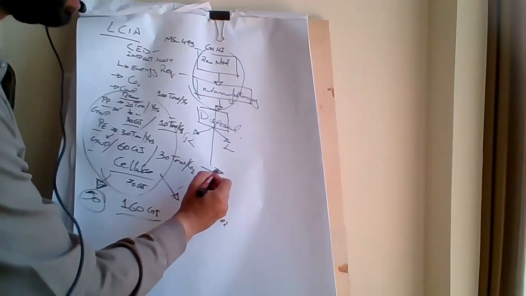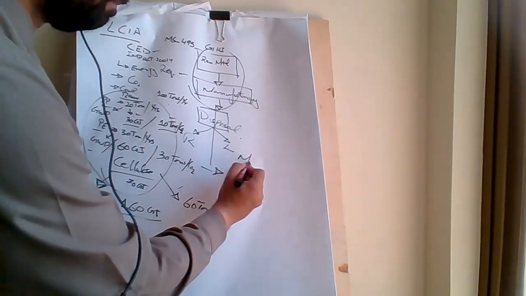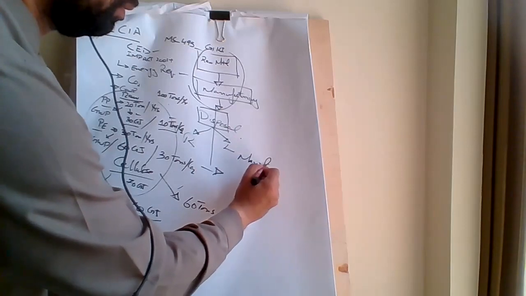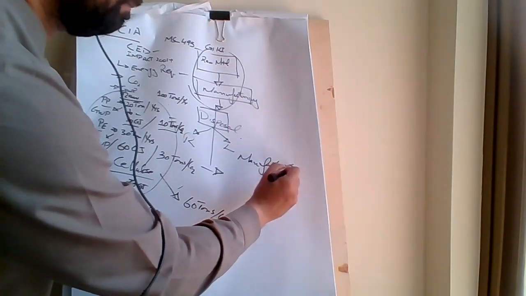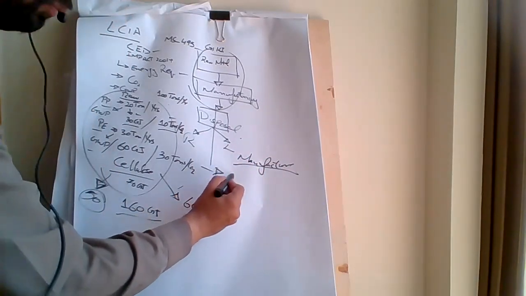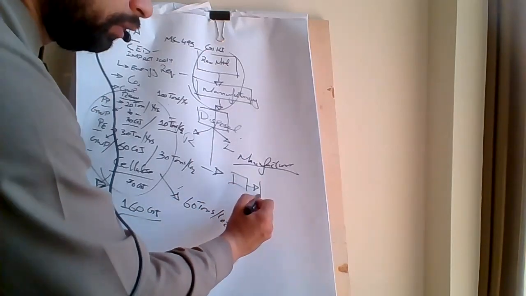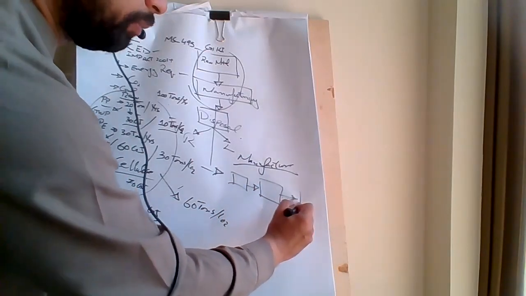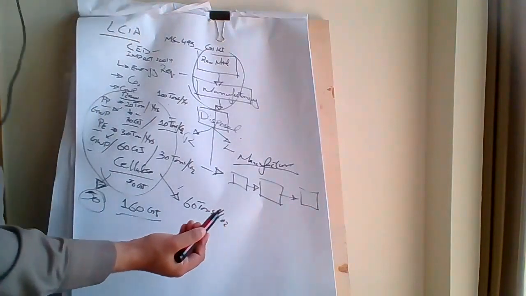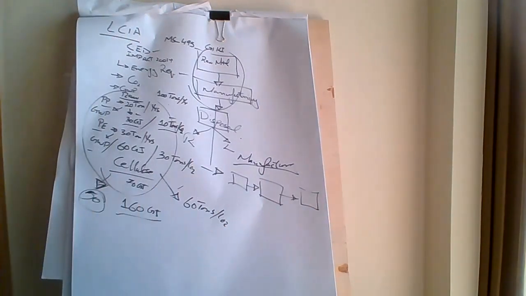So for manufacturing as well, we can say that we simply take all the processes, that is process A, followed by process B, followed by process C. This is something that you can easily perform in your unit modeling calculations or data modeling calculations.